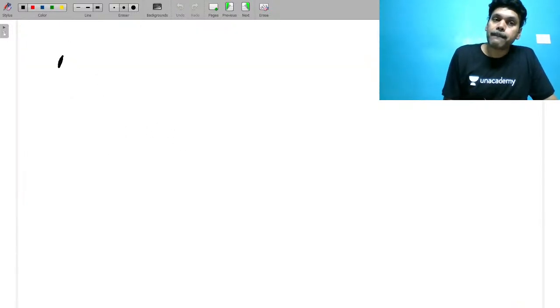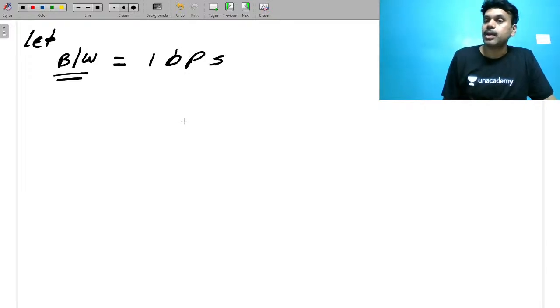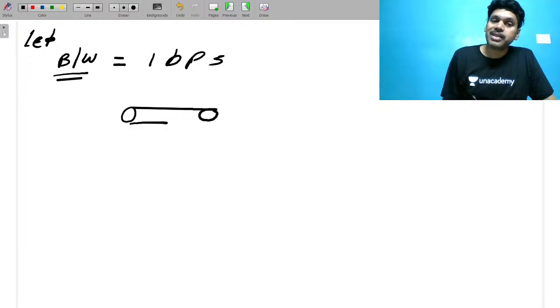It is completely based on bandwidth only. Let bandwidth be equal to 1 bit per second. That means to the medium the sender can push, please understand, 1 bit per 1 second.